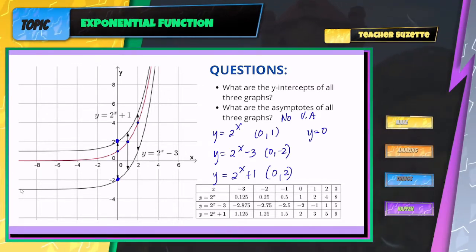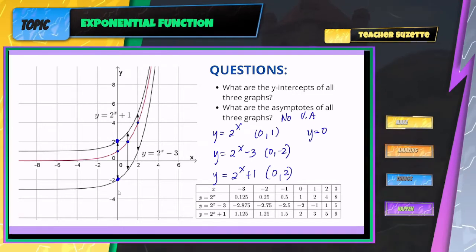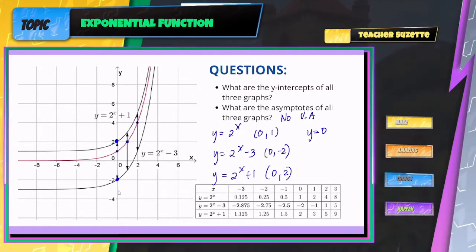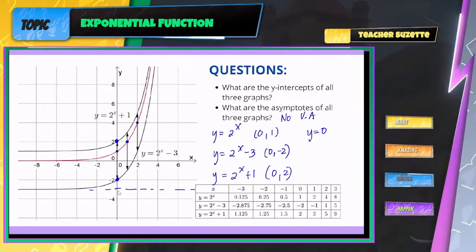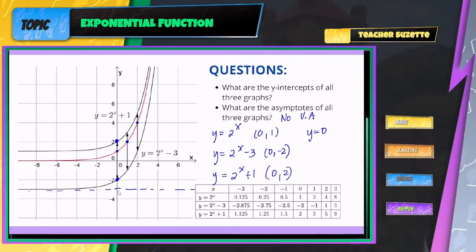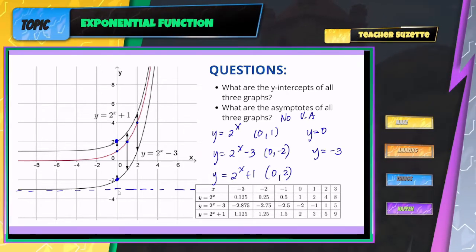If you draw an imaginary line there, particularly this line is what you call y is equal to negative 3.